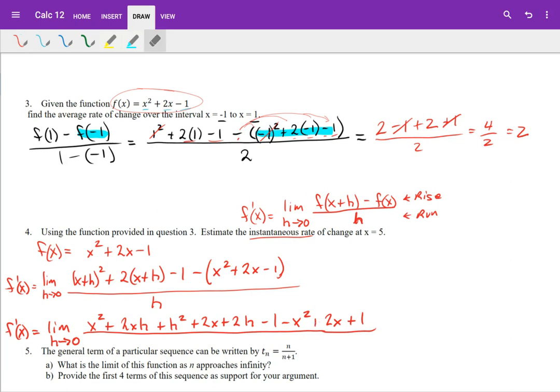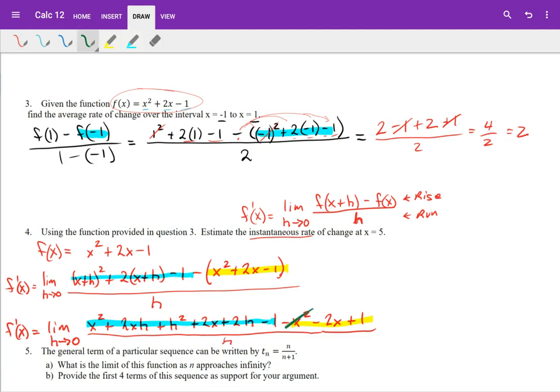That was a minus here. All right. So what we're basically doing here is distributing the negative, so notice I changed all of the signs there. And this is still over h.